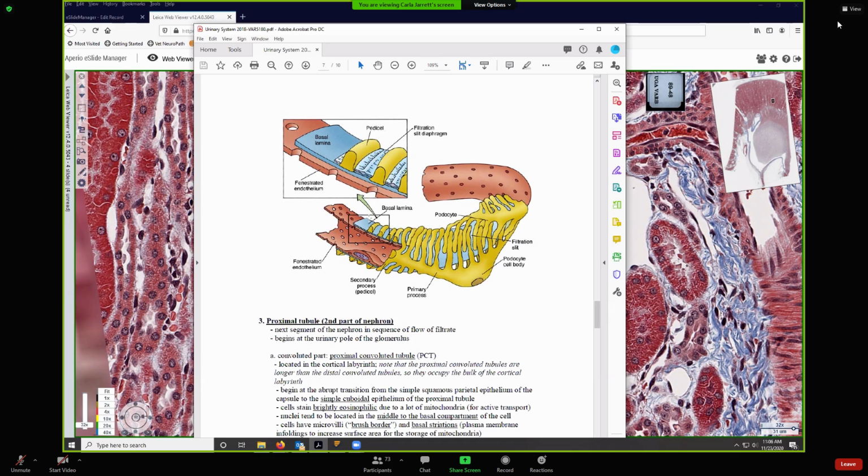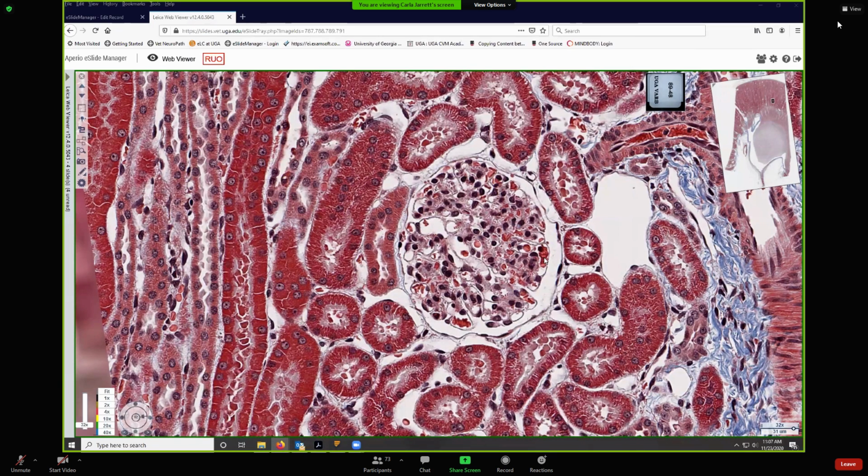And I'm sure you learned all about charge and protein size and what can get through and what can't in renal phys. And so this urinary filtrate then enters into that urinary space, which is right here. Okay. So we were just asking you which of the following was not part of that glomerular filtration barrier.